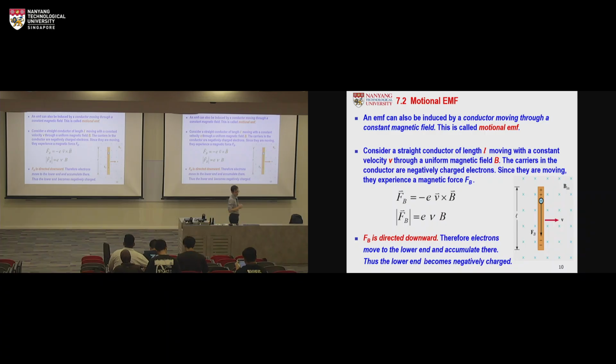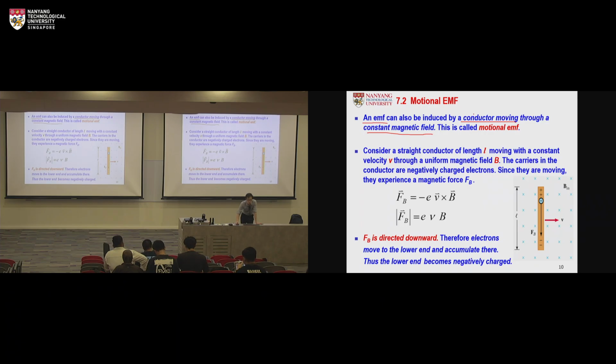That is the motional EMF, which tells you you can also have a finite EMF when you have a moving conductor inside a magnetic field.